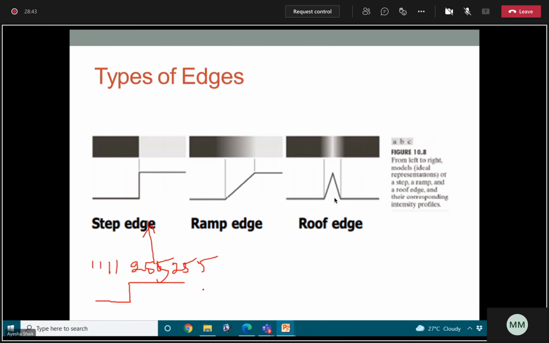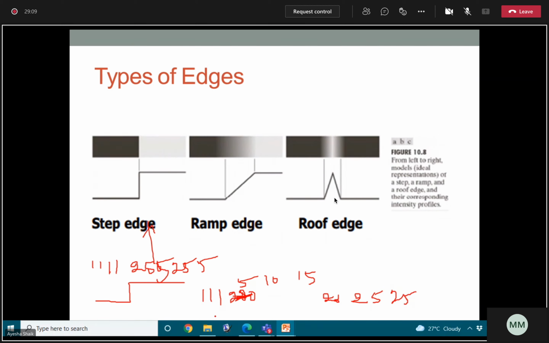Then coming to the ramp edge, we have some 1, 1, 1, then slowly it is increasing, like 5, 10, 15, then 20, 25, 25, 25, and then it becomes constant.